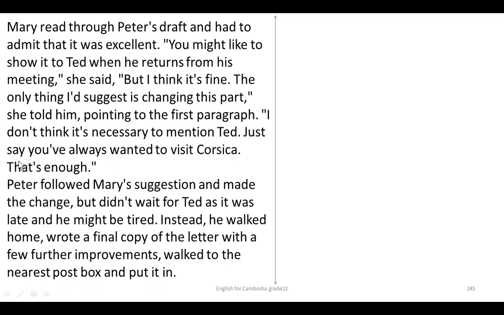Just say you always wanted to visit Corsica. That's enough. Peter followed Mary's suggestion and made the change, but didn't wait for Ted. It was late and he might be tired. Instead, he walked home, wrote a final copy of the letter with a few further improvements, walked to the nearest post box and put it in.